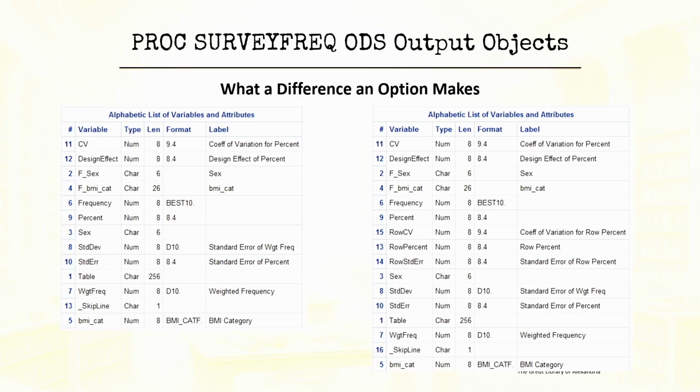But then, when you get there, they've added 3 variables there, the row CV and the row percent and the row standard error. So you just have to be very careful when you're adding options to make sure that you recheck the ODS output objects so that you know how to deal with that.